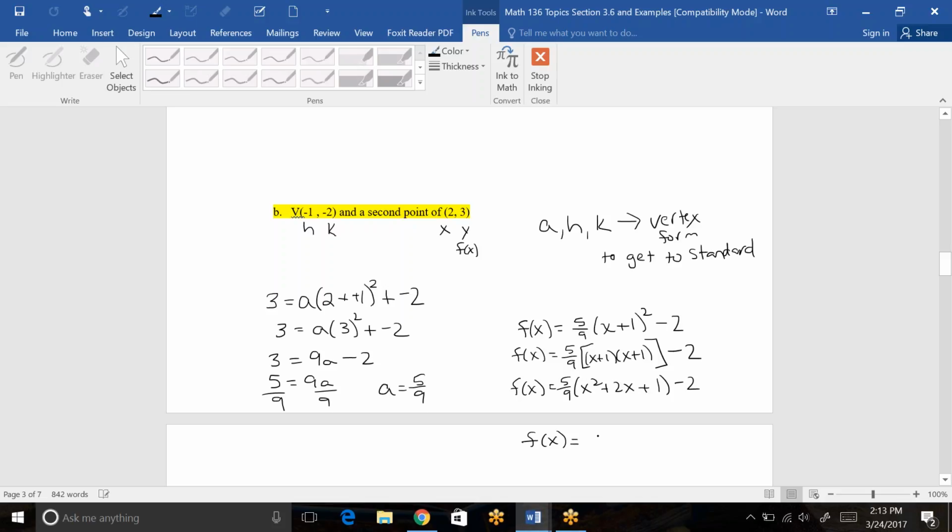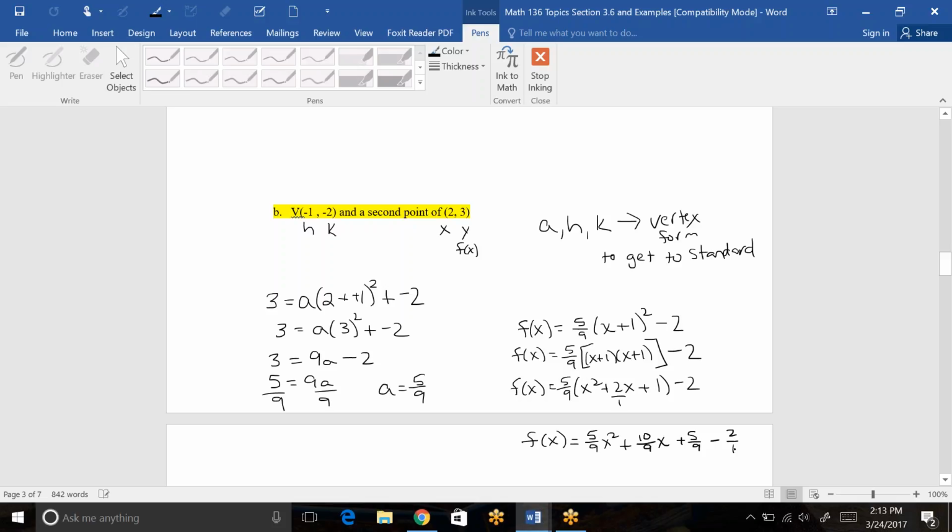But we have to distribute the 5/9. That'd be 5/9 x squared. When you distribute a fraction to another number, you multiply top times top, bottom times bottom. So this is 2 over 1, so that would be plus 10 over 9 x. 5/9 times 1 would just be 5/9.